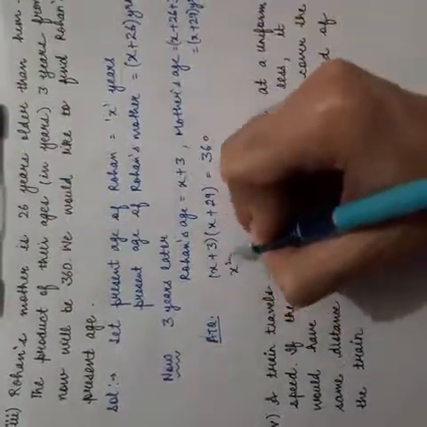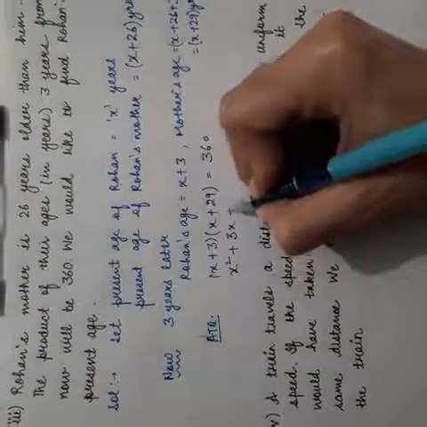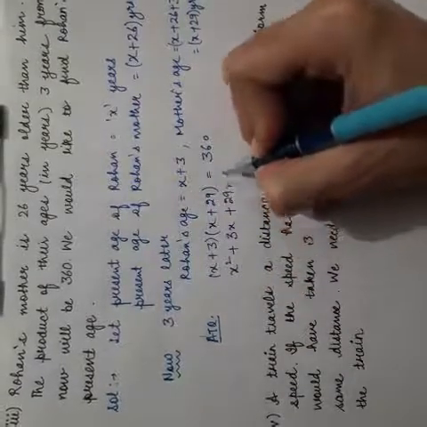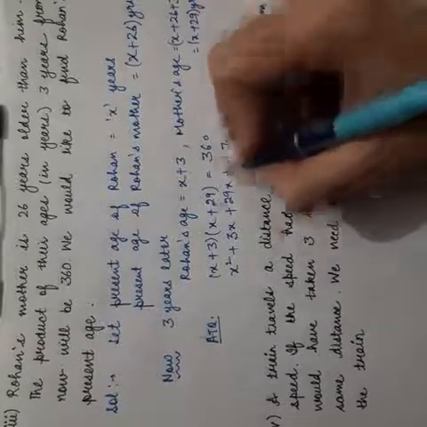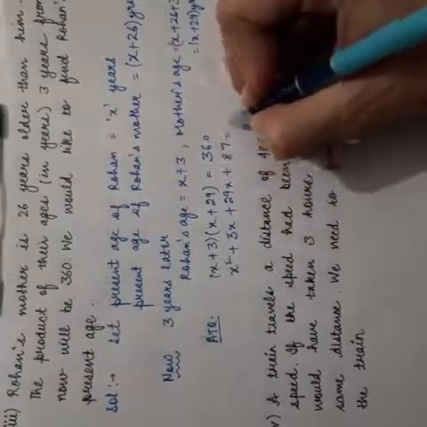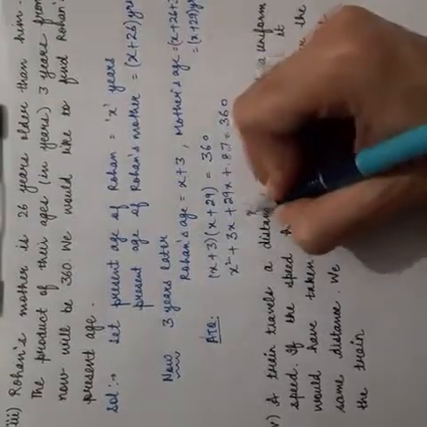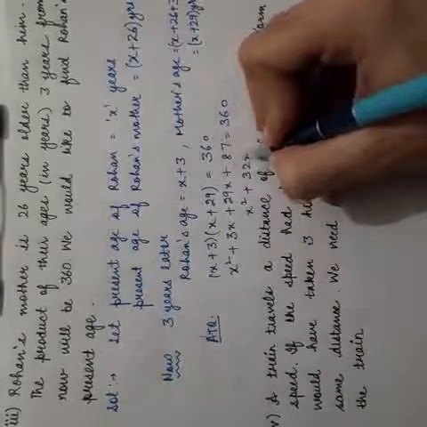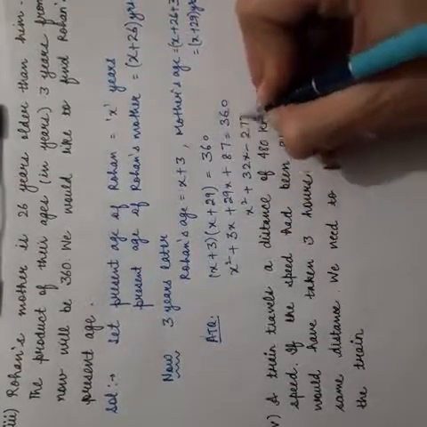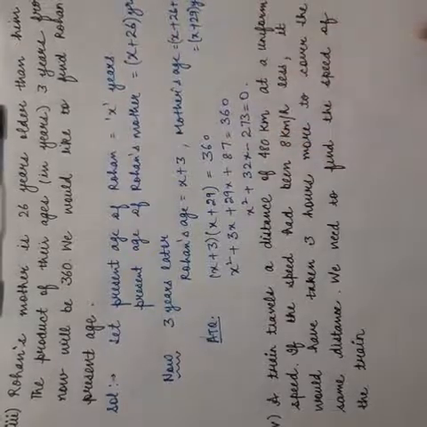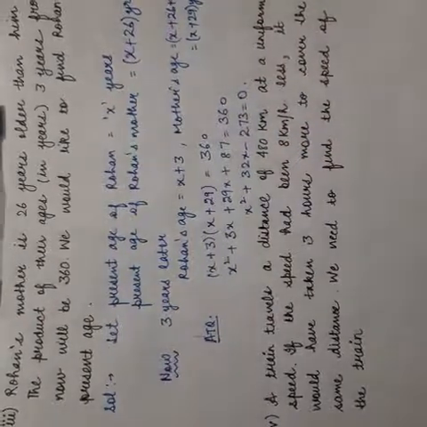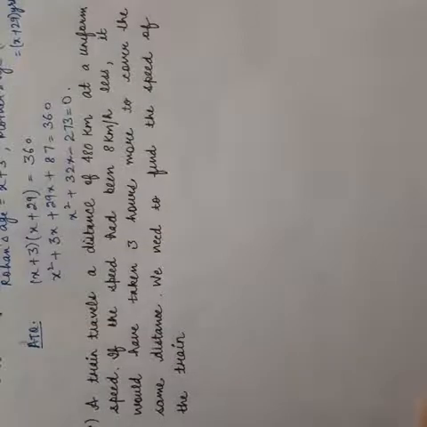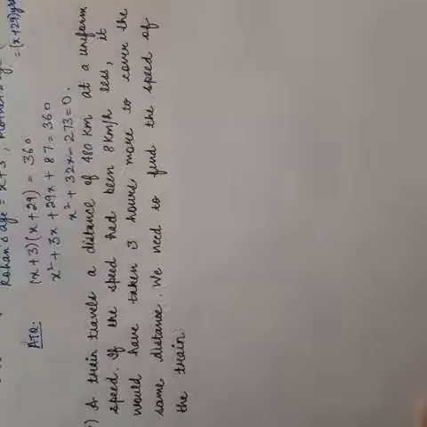Again you will simplify it and you will get the answer, that is x square plus 32x minus 273 equals to 0. This is your required quadratic equation. Now the last part of this question as well as exercise.